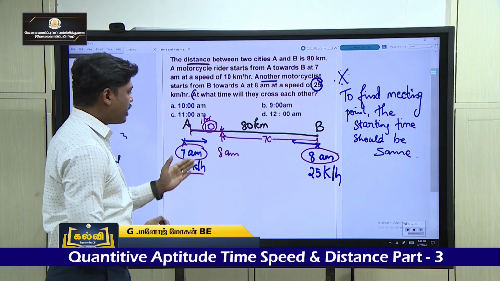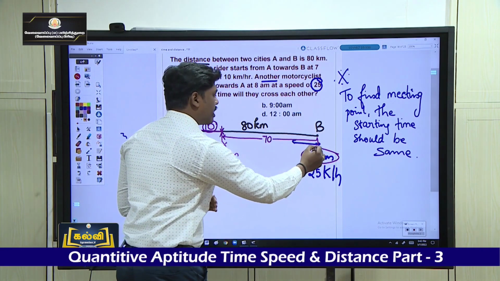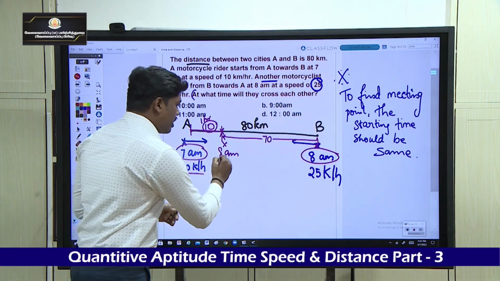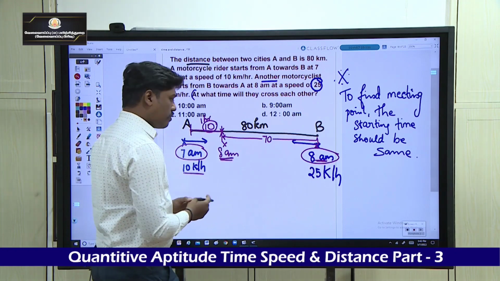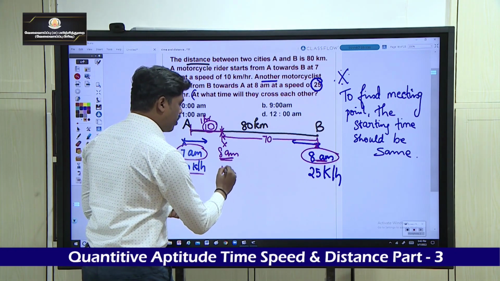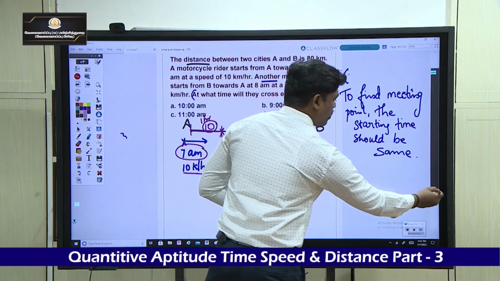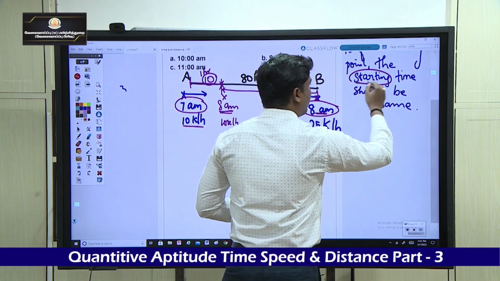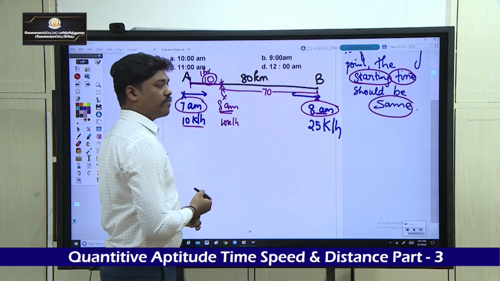Now, the distance between this motorcyclist and the other motorcyclist is 70, and the starting time is same now. This person is moving at 10 km per hour, this person at 25 km per hour. So, we have made the starting time the same.